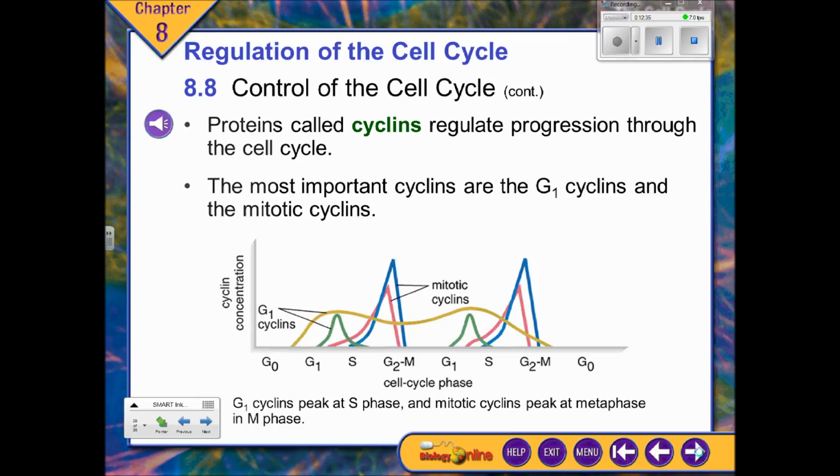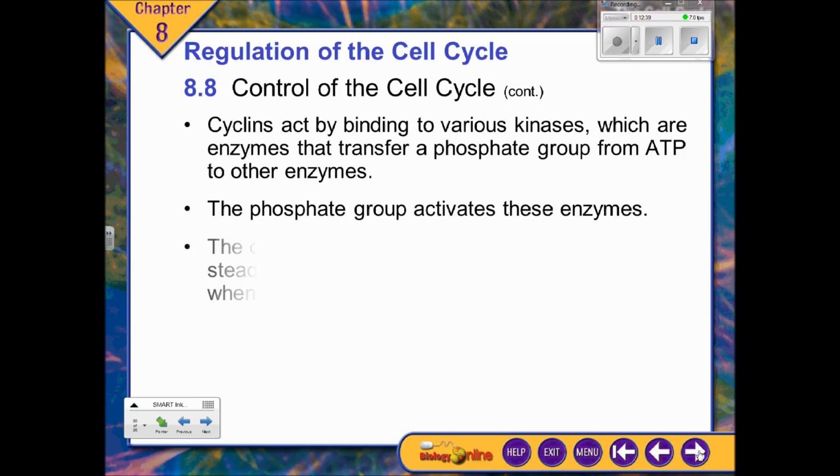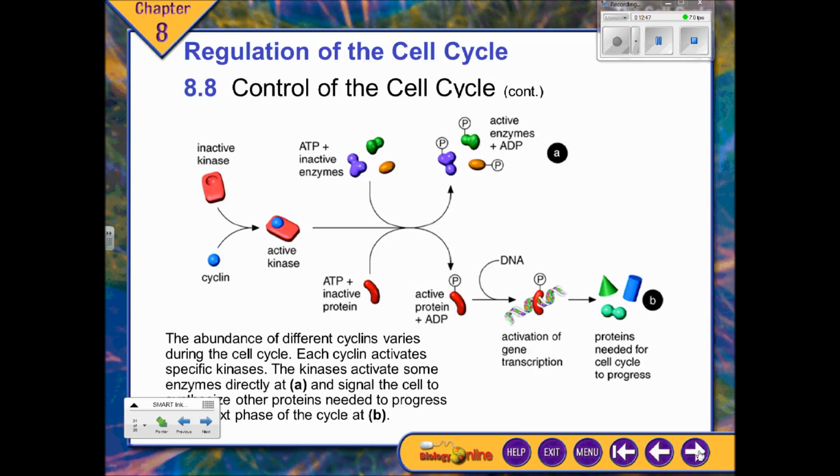Now, I just want to make sure you can recognize that cyclins control the cell cycle. I put a little bit more in here about kinases just to explain more. You don't need to know all those details. And you don't need to know all this, but I just want to show you how they disappear. So what happens is, form and function, the cyclins actually bond to this other molecule called kinases.